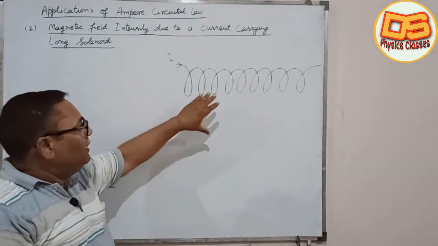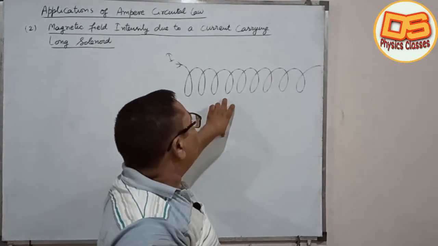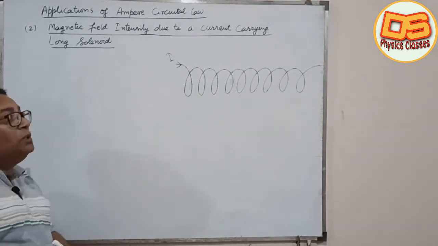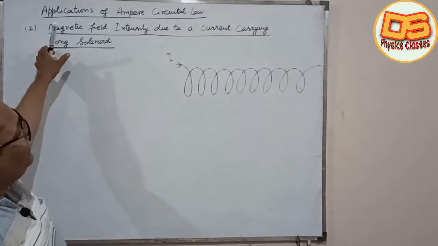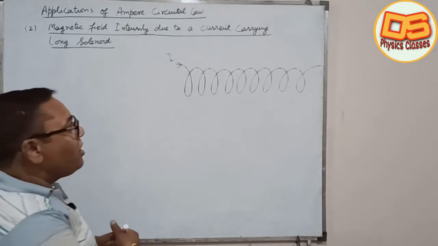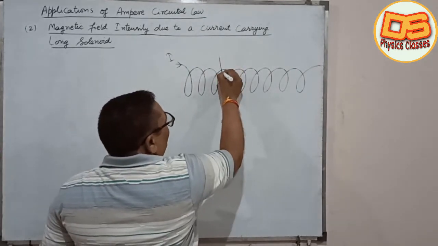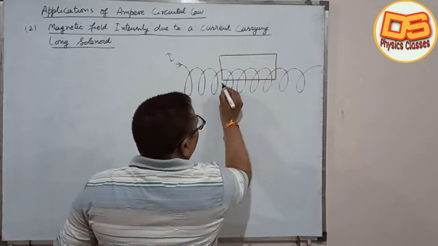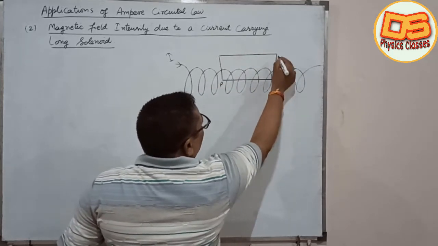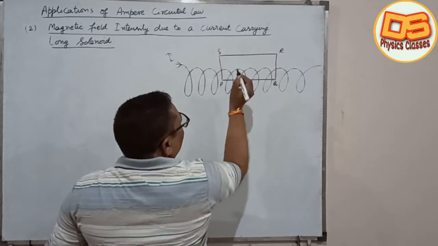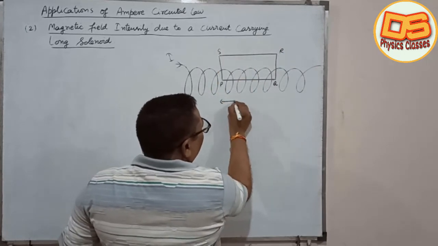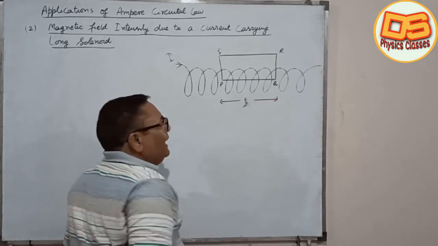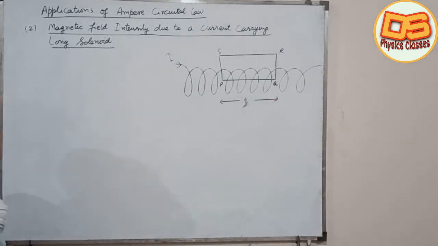Clear? Then we solve this problem by using Ampere's circuital law. For Ampere's circuital law, there will be a closed loop. Let us consider a closed loop PQRS placed in the solenoid as shown in the figure. This is the length of this loop. Clear?